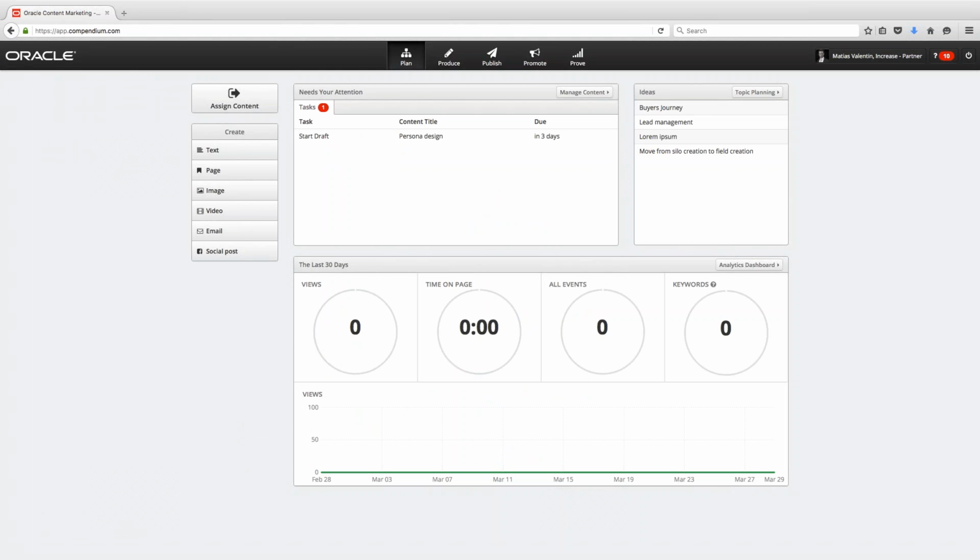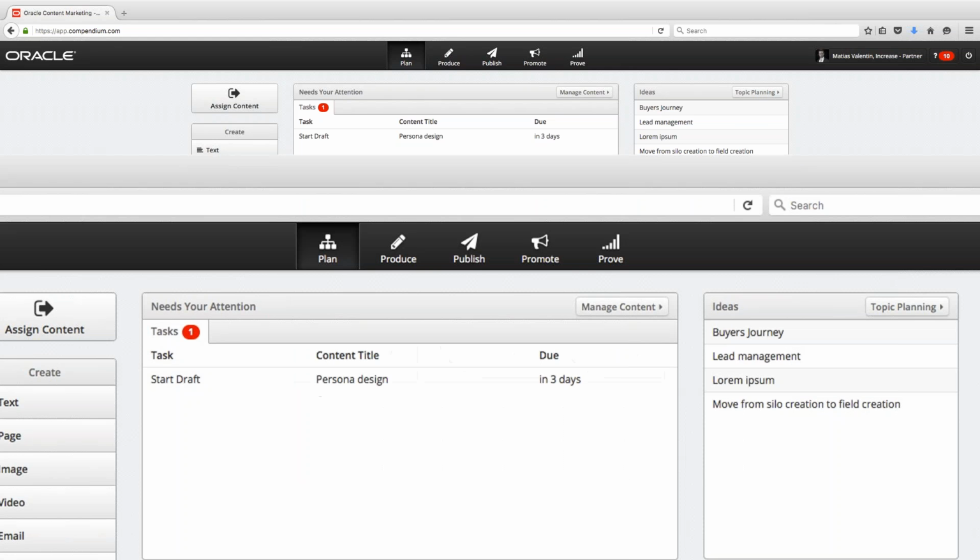When we log into Oracle's content marketing cloud, called Compendium, we actually have the 5 P's present right there. So we actually work around them. It's not just a pretty PowerPoint slide.